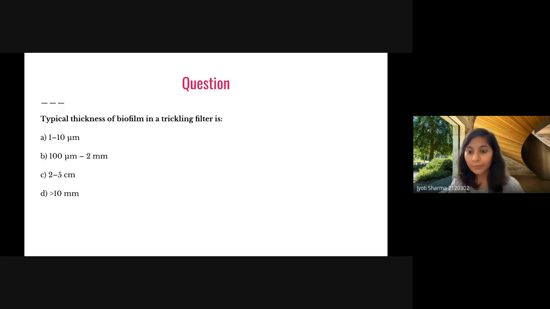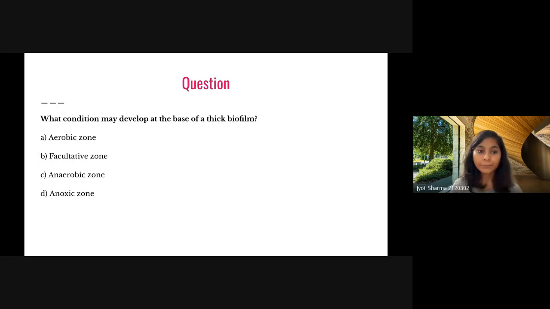Dia and Priscilla both gave me B option. Okay. So yes, the biofilm thickness is near to 100 micrometer to 2 in the trickling filter. What condition may develop at the base of thick biofilm?